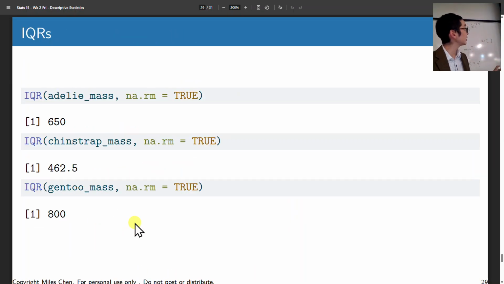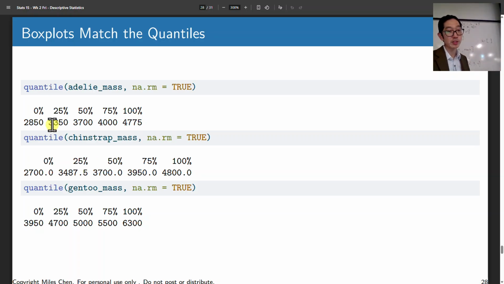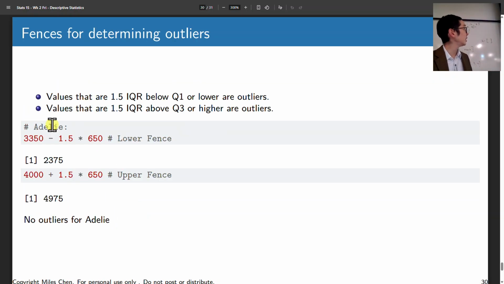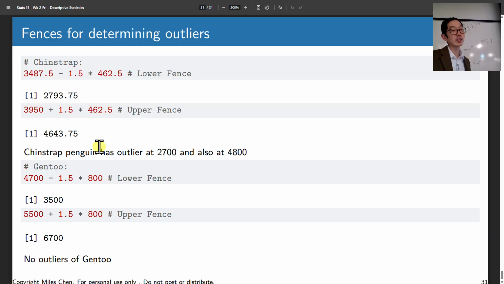Here on this slide, these are the IQRs. That's just the difference between the 75th percentile and 25th percentile. And then I did calculations for where the boundary is between outliers and non-outliers. So I did Q1 minus 1.5 IQRs for each of these.